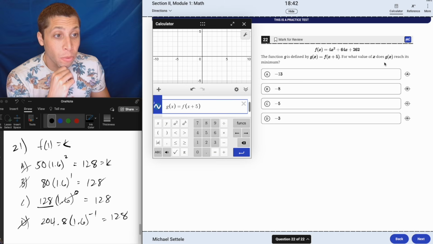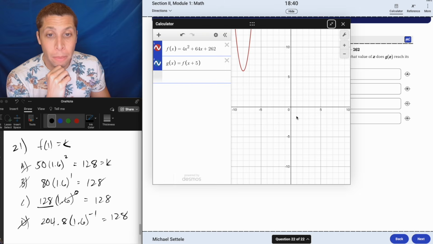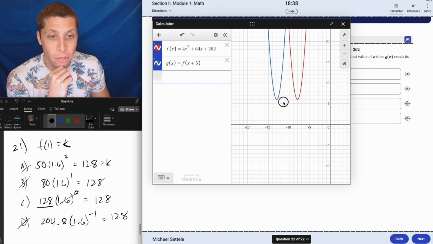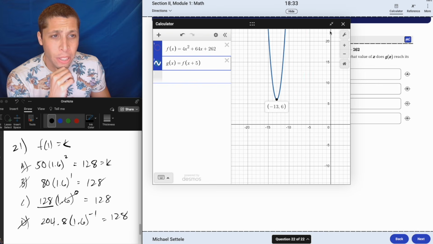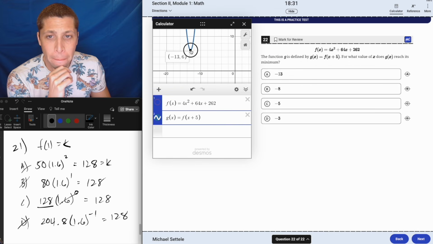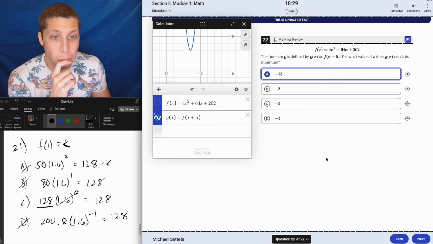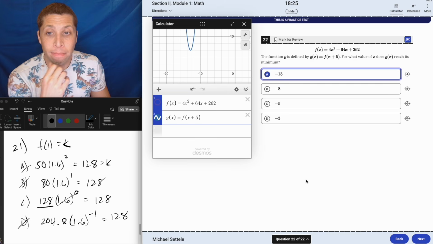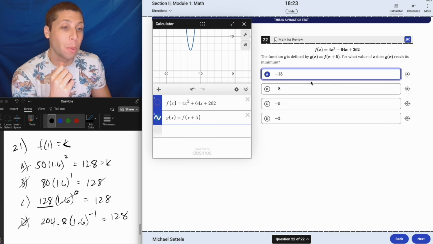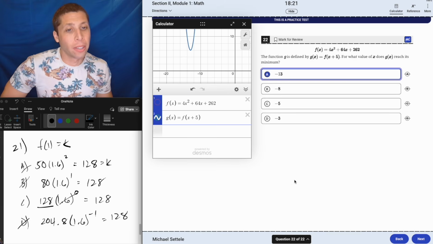So we need to know for what value of x does g(x) reach its minimum. So there's my g(x), right? Turn f(x) off, and it's at negative 13. Done. I don't know what else you would do. That's fine. There's an algebra way to do it, but gosh, why would you bother?